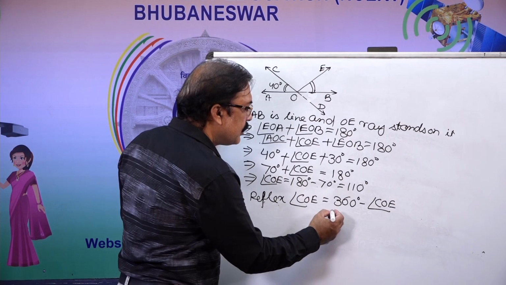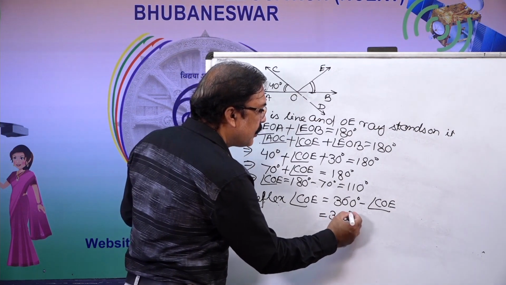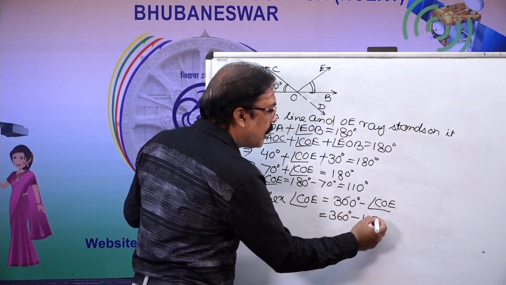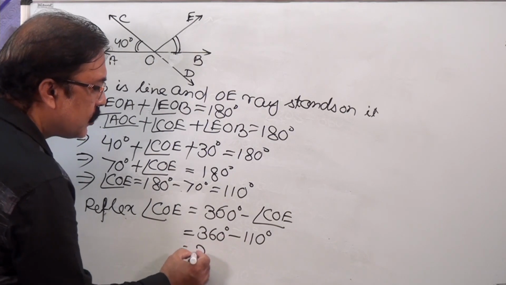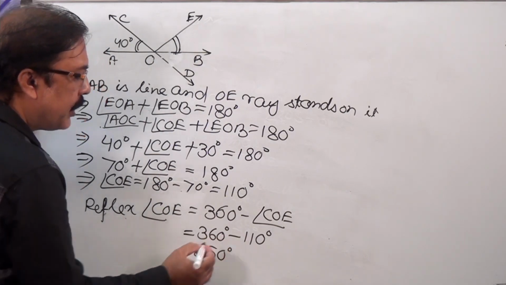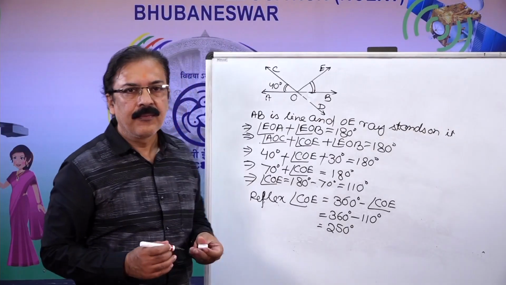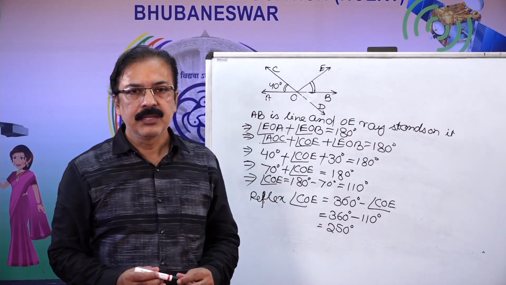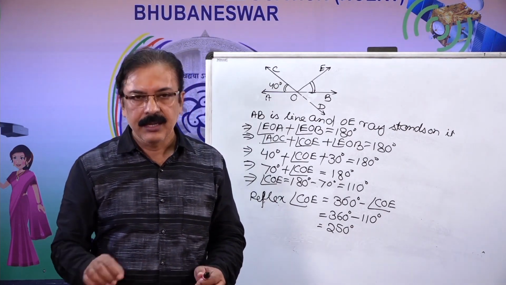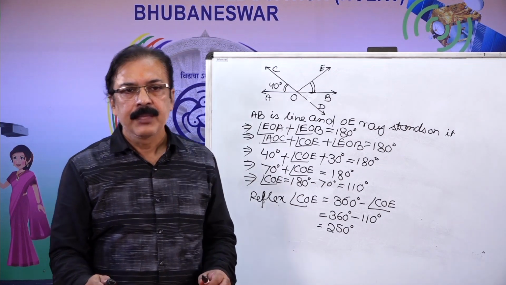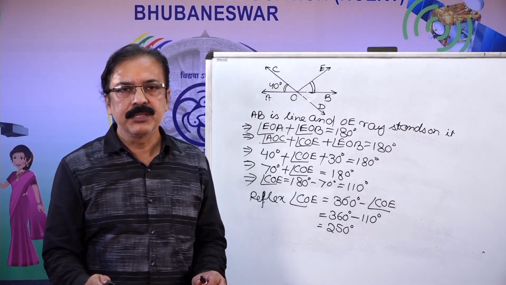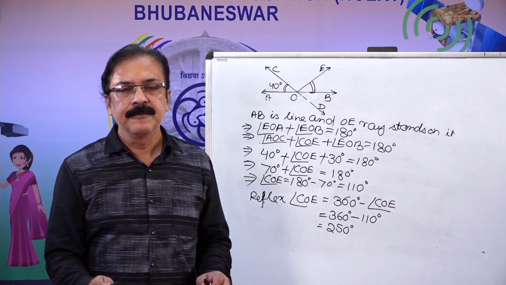That is 360 degrees minus 110 degrees, that is 250 degrees. So, the reflex of angle COE is 250 degrees. Okay, so this is the solution of this question.